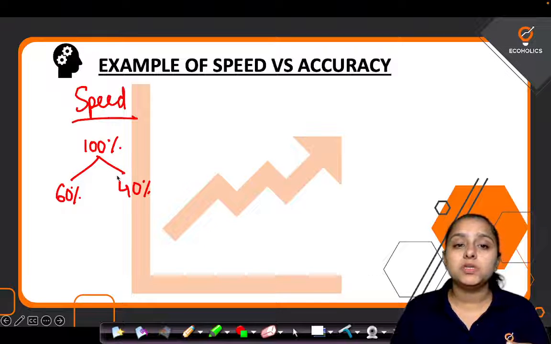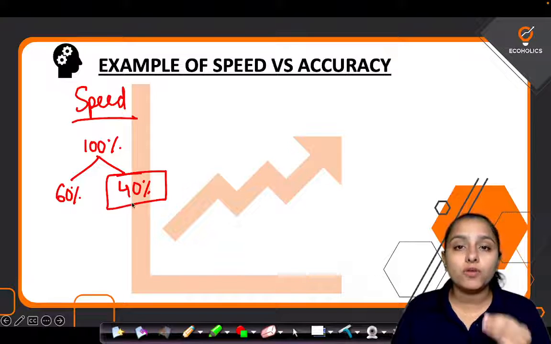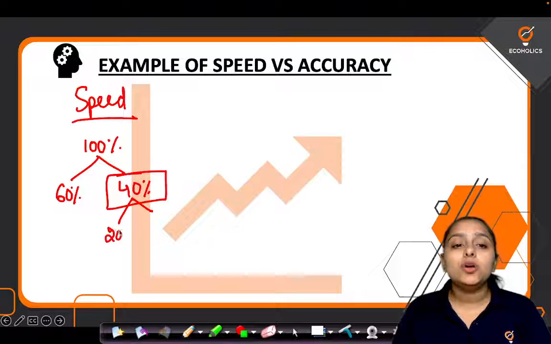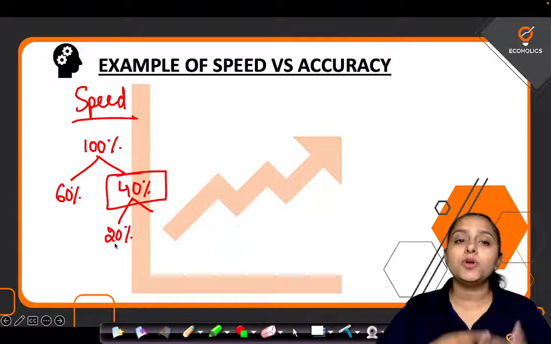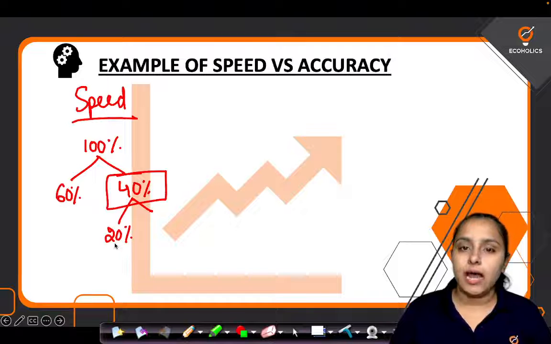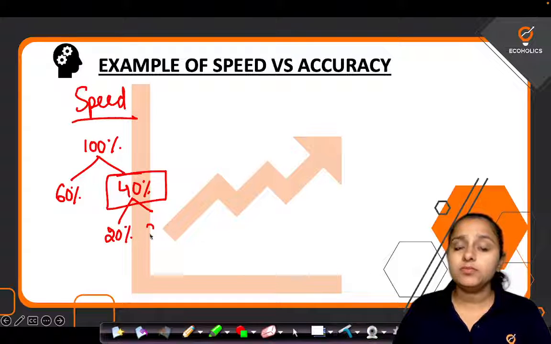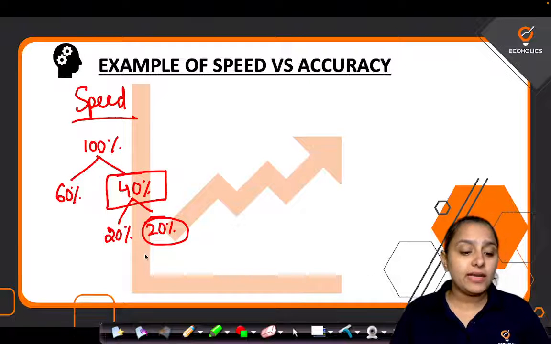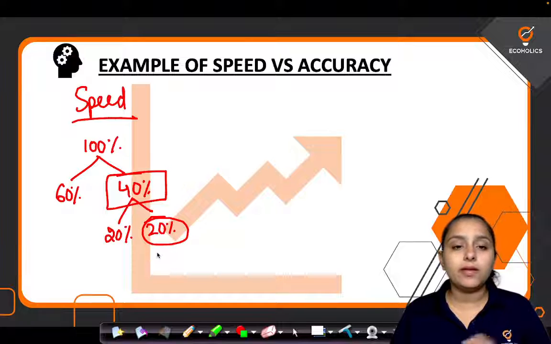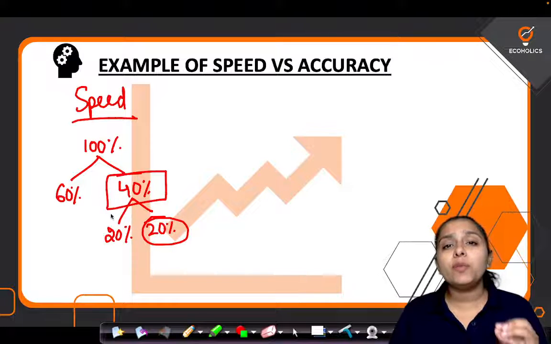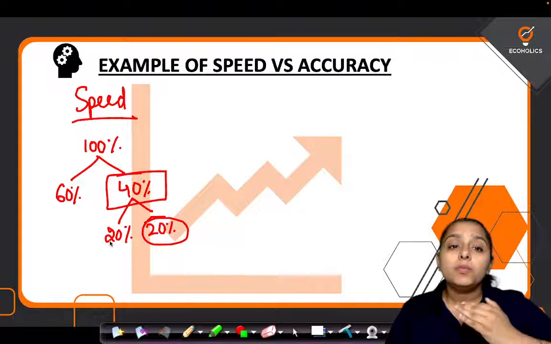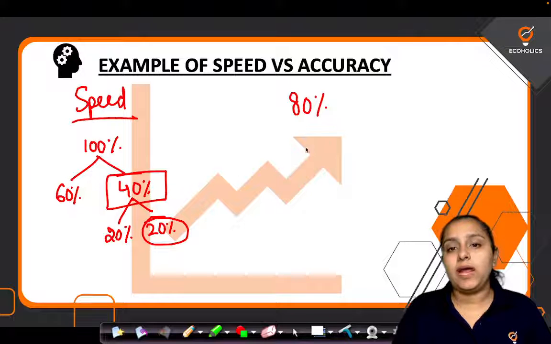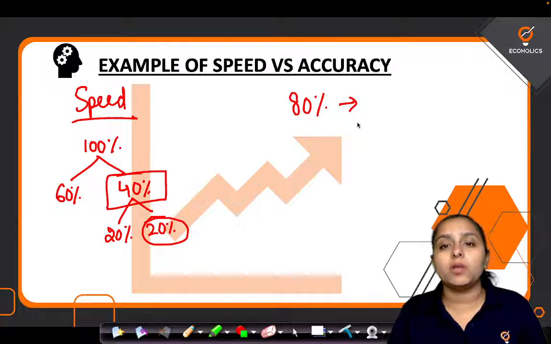And you know what the problem is? Many students even know some of this 40%. I'm not saying you know everything in the paper, but out of this 40%, you at least knew 20%, but just because you were in a hurry, you made a mistake and went for a wrong option. And 20% was the paper which you never knew, which was entirely unknown to you. So if you had paid attention and not been running after speed, you could have attempted 80% of the paper, and that 80% would have been correct.